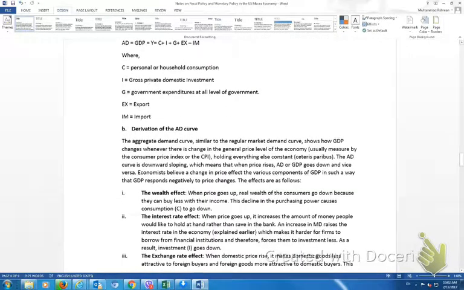Now we are going to show how we can derive an aggregate demand curve, where the GDP or aggregate demand of the economy is a function of price, in this case a negative function.